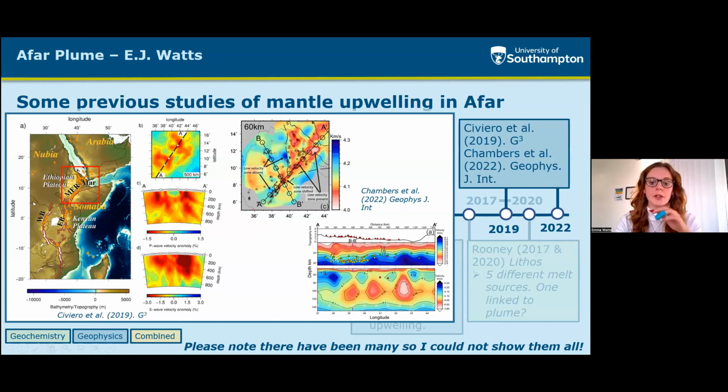So Siviera et al. have been suggesting this, and Emma Chambers' models showing some melting in the region show this lateral or spatial variability in melting across the Afar Triangle. So there's been some progression of these concepts of whether there's a single plume, a plume at all, even whether there are multiple plumes of a smaller scale within the region throughout time.